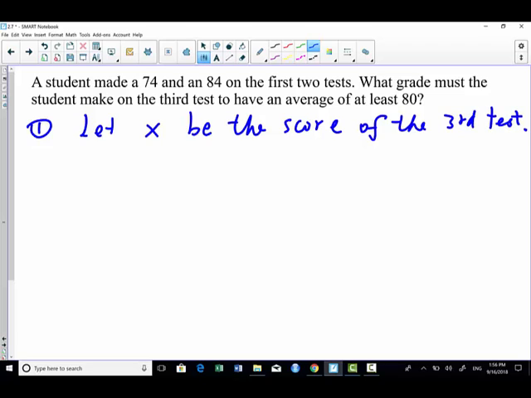Okay. And the second step, you can actually represent other quantities in terms of x, if necessary.